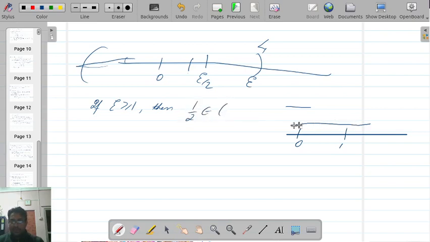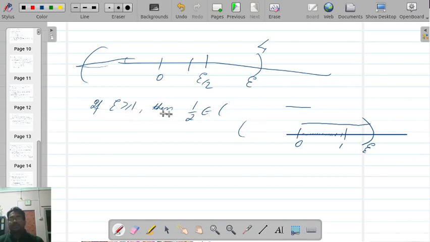So if you take an interval of this type, 0 plus epsilon, which point of this set 0 1 satisfies that it is inside minus epsilon to plus epsilon? If you observe carefully, every point of the set 0 1 satisfies this property.